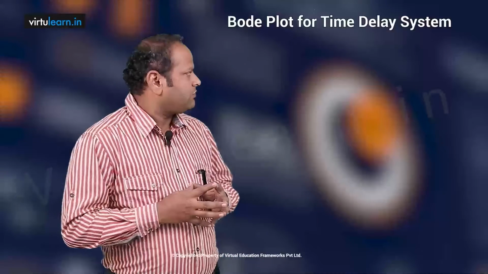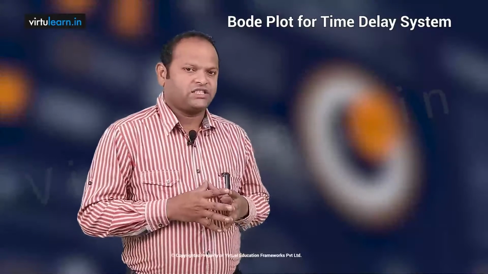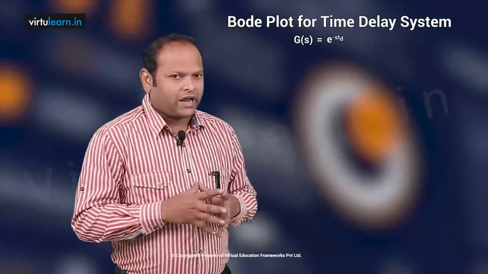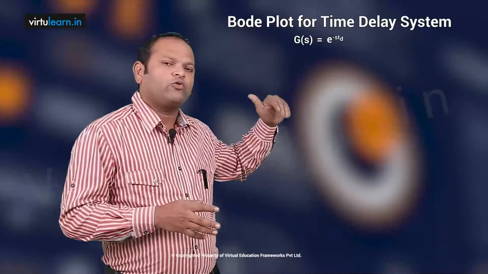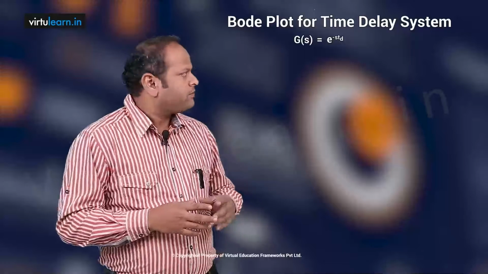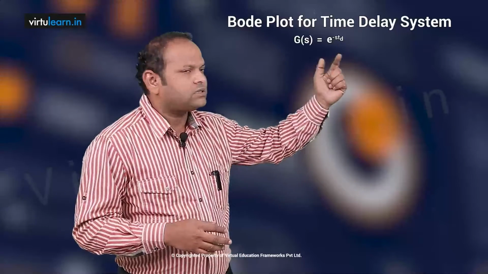Let us take one example of a system with time delay, G of s equal to e power minus s Td. This is the term which is responsible for time delay. For this term, let us see what the magnitude expression and the phase angle expression will be.